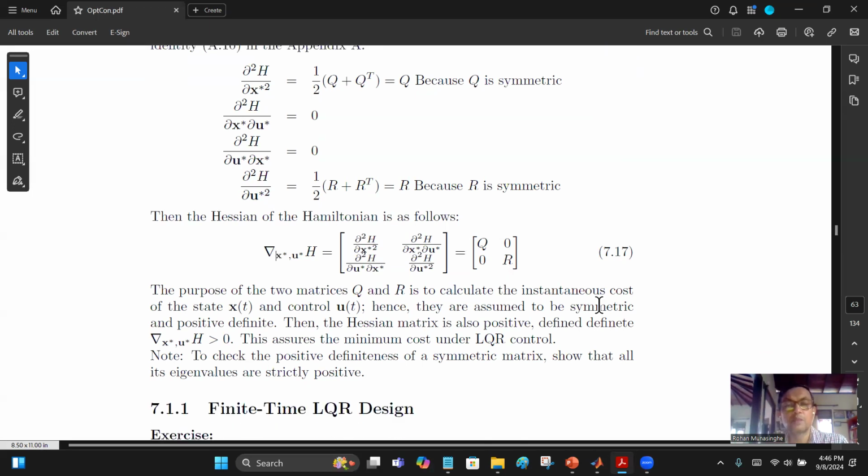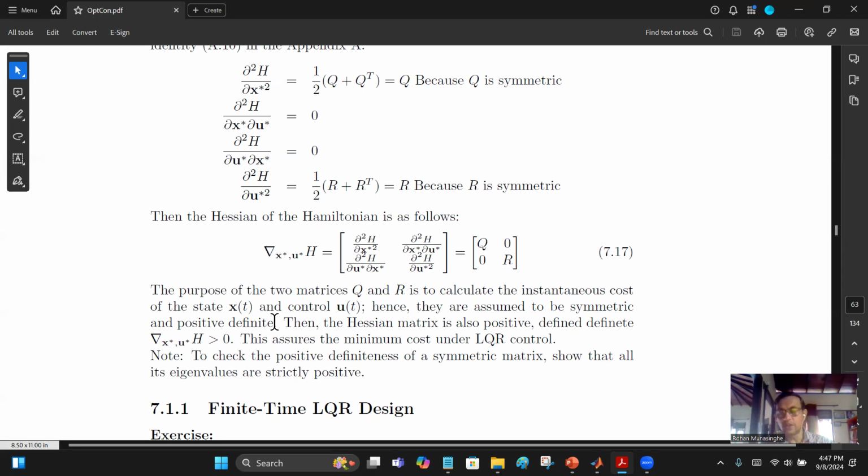The purpose of the two matrices Q and R is to calculate the instantaneous cost of the state x(t) and control u. Hence, they are assumed to be symmetric and positive definite. I think you remember positive definiteness of a matrix. It says that when you use this matrix to combine the variables to get the energy of a variable, it's a positive energy.